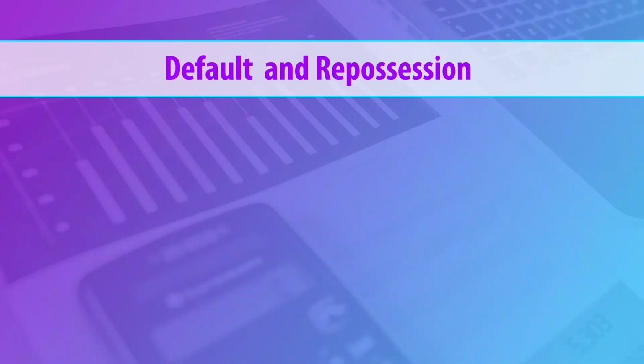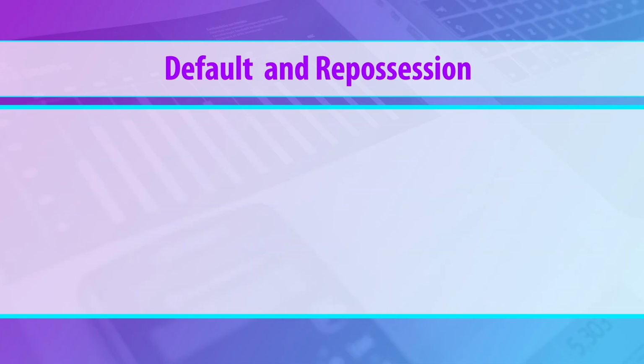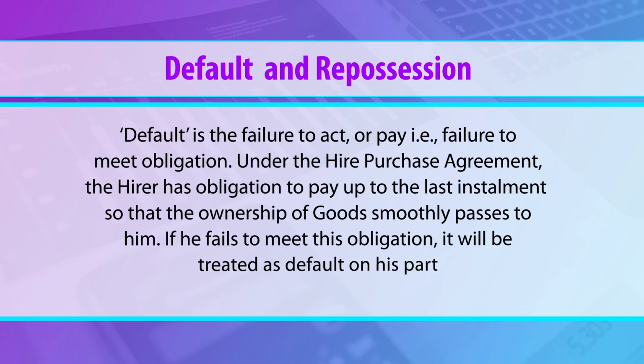First one is default and repossession. What do we actually mean by default and repossession? Default is the failure to act or pay, that is, failure to meet the obligation.